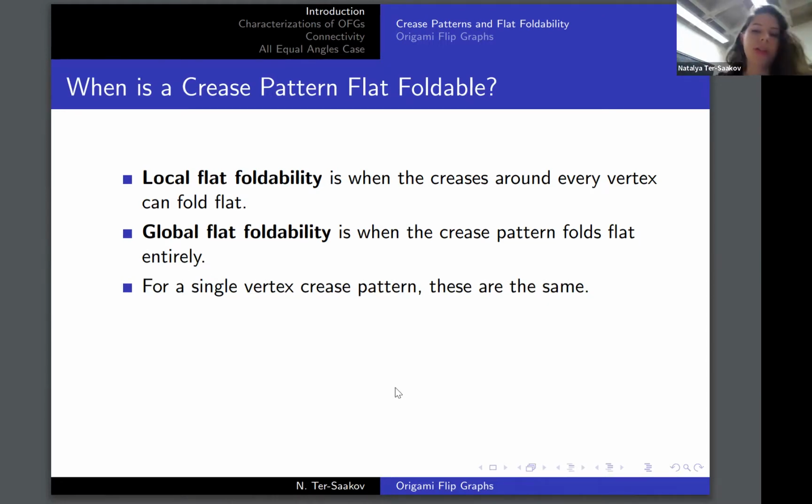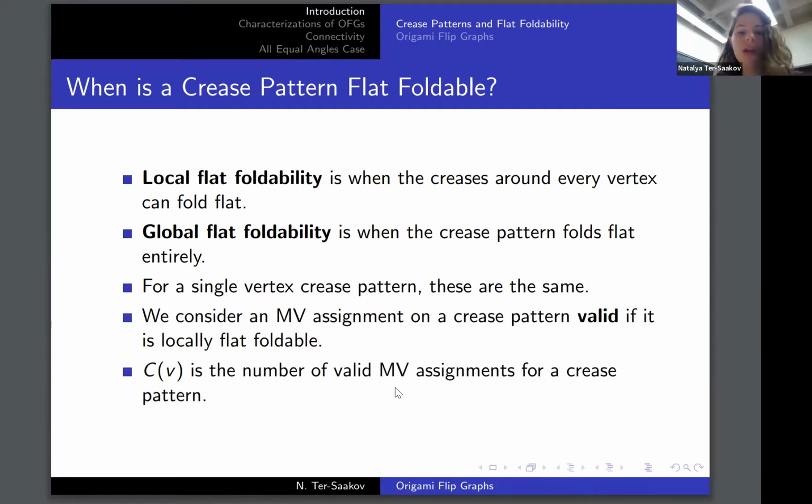We looked at single vertex crease patterns. They were the same for us. So a mountain valley assignment, to review, is valid if it is locally flat foldable. And we're going to notate the number of valid mountain valley assignments for a single crease pattern as C of B.